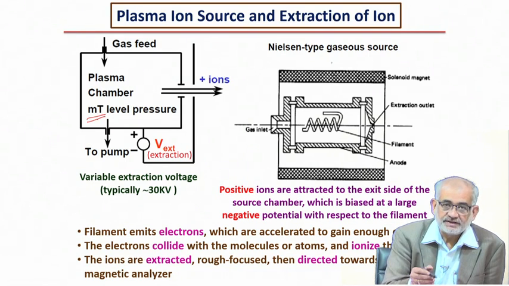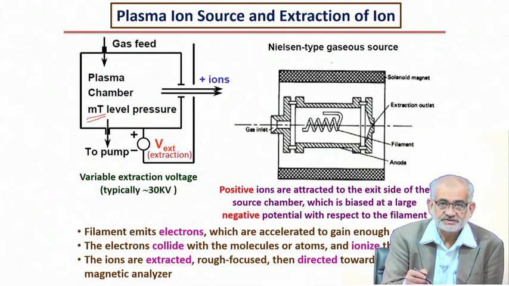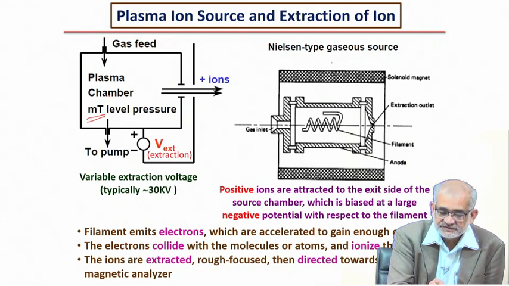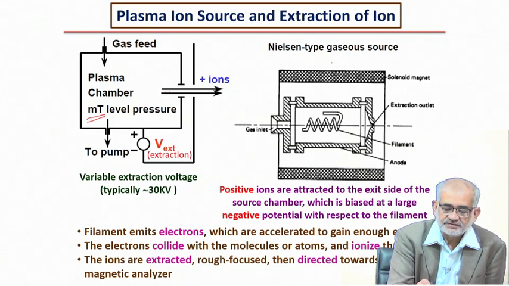So first, basically, you'll have a cathode and you'll inject electrons, and those will interact with the gaseous species, convert them into plasma at very low pressure and under the presence of an electrical field. The cations which are produced will be attracted towards an opening which has a negative charge. Because of the negative field applied or maintained on this side, the cations or the positive ions will be attracted towards this opening.